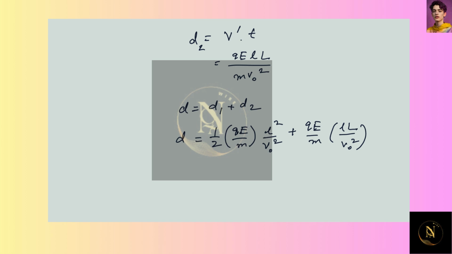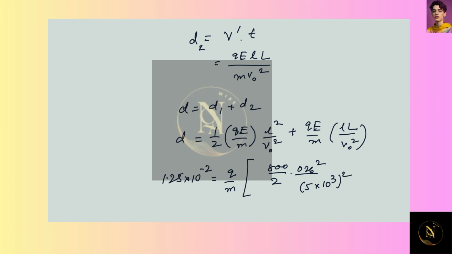Now you can plug in all the values. The overall deflection is 1.25 centimeters, which is 1.25 times 10 to the power of minus 2 meters. Here you can take q by m common. The electric field is 800 by 2 times the initial length, 26 centimeters, which is 0.26 meters squared, by v naught, 5 times 10 to the power of 3, whole squared.